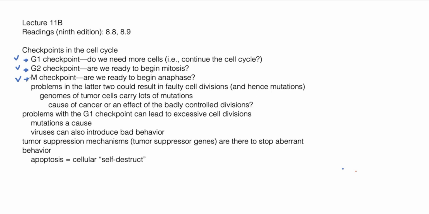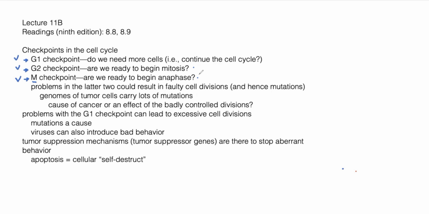thing about these checkpoints is that if you think about, well, what could happen if we have problems? If we were to allow the cells to move past the M checkpoint, metaphase checkpoint, before they're entirely ready to do so, we could see the chromosomes going off in the wrong directions, right? The chromatids might go squirrely.